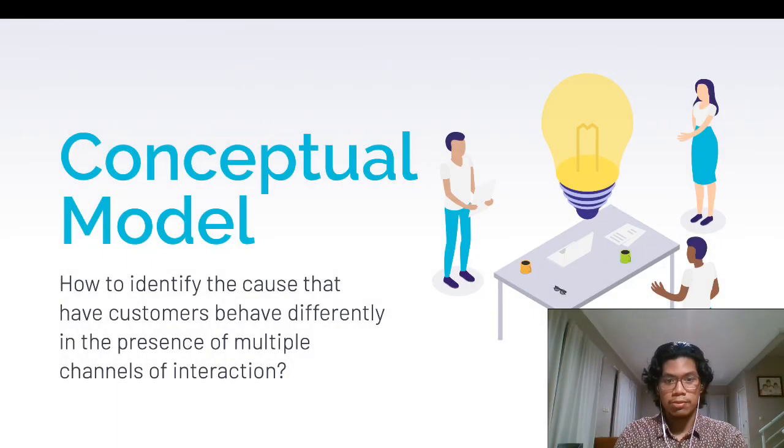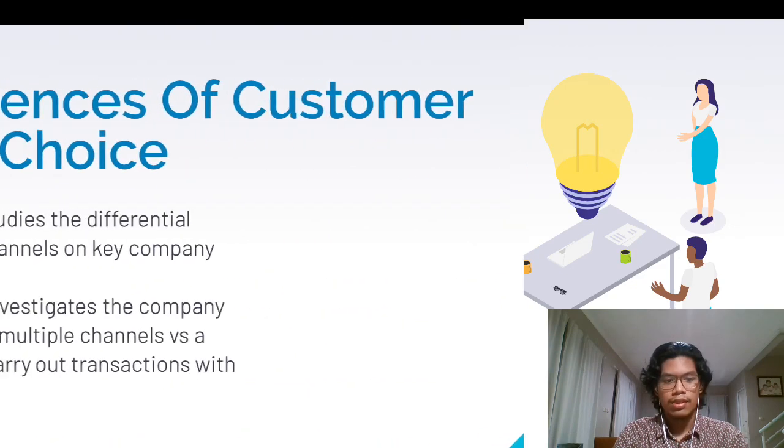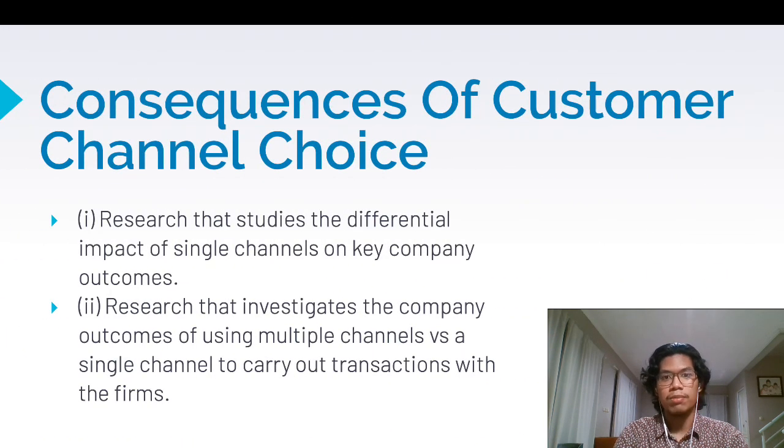So for the conceptual model, it is how to identify the cause that have customers behave differently in the presence of multiple channels of interaction. So to understand this, we must understand the consequences of customer behavior to the various channels of interaction available, which will then be important for the management of customer relationships across channels to be consistent, effective, and profitable.